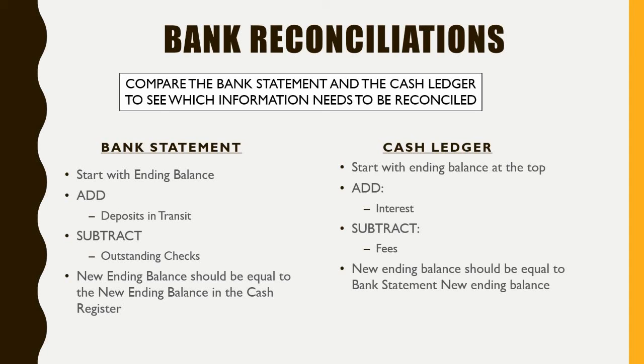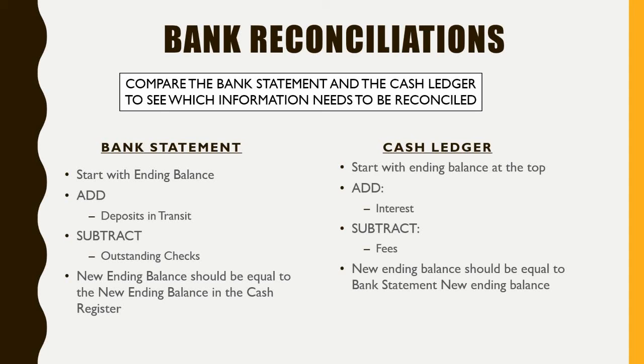Then you're going to subtract any outstanding checks. So once again, if you wrote a check, but the other person hasn't received it yet or has received it but never deposited it, that's going to be considered an outstanding check, meaning it's pending for the other party to deposit into their bank.